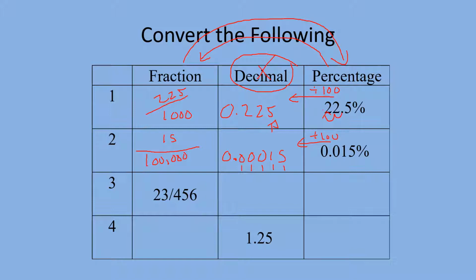All right, 2/3 divided by 456 gives you 0.00504. Okay, we'll give a couple numbers. All right, then we'll multiply by 100. That'll give us 5.04%. Yeah, that's it. Number 4, do not get scared.